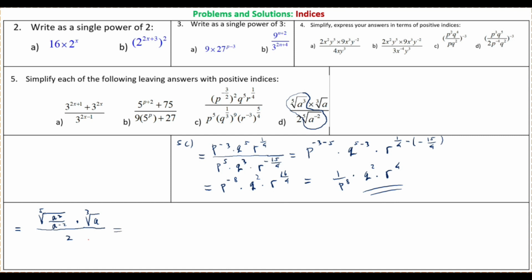So we use one of the surd laws here. We've got the same fifth root, so we just divide the arguments, a to the power of 3 divided by a to the power of minus 2, because it involves division. And so a to the power of 3 divided by a to the power of minus 2 becomes a to the power of 3 plus 2.